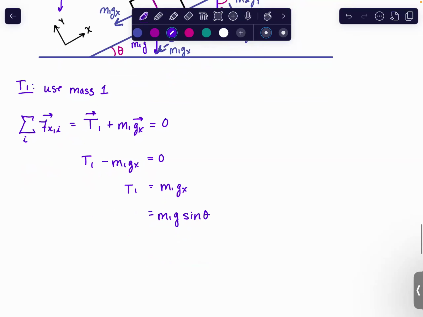Then we put in our numbers. And at the end, this is going to give us our tension 1 is 8.3 newtons.